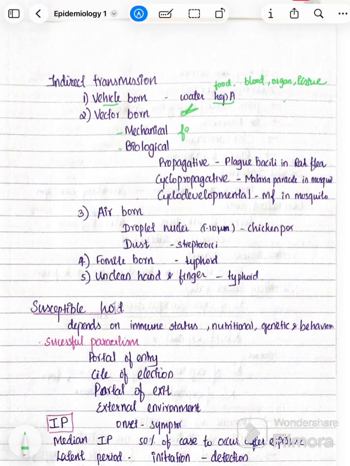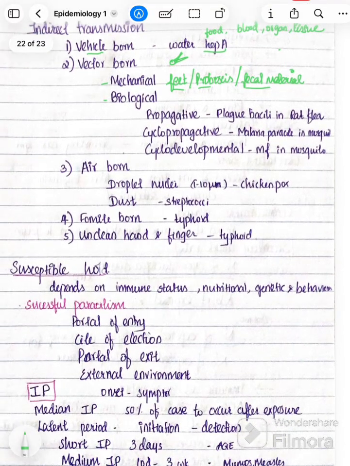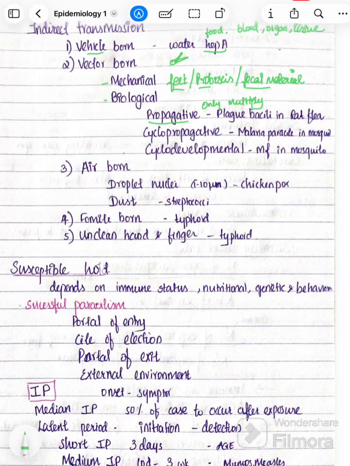Mechanical is through feet, proboscis, or fecal material. And biological, the infectious agent enters into the vector, lives and multiplies. If propagation, it means only multiplication. Cyclopropagative is multiplication plus development also. Cyclodevelopmental is only development.